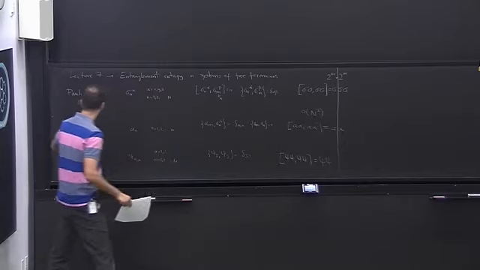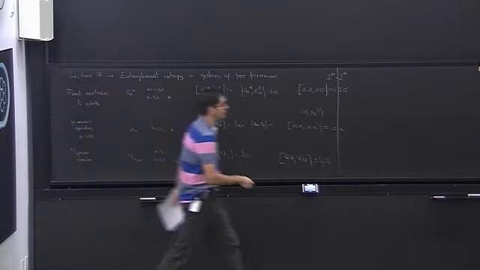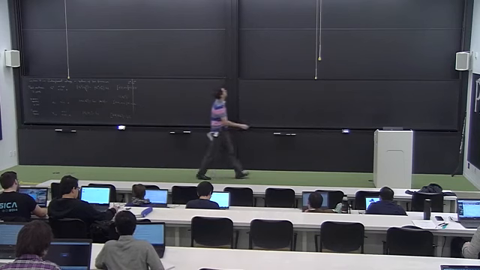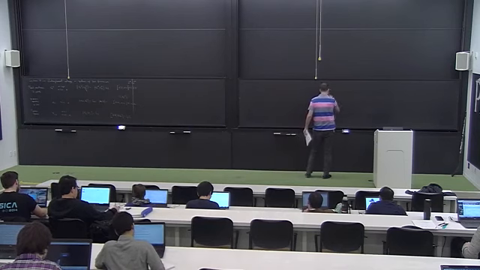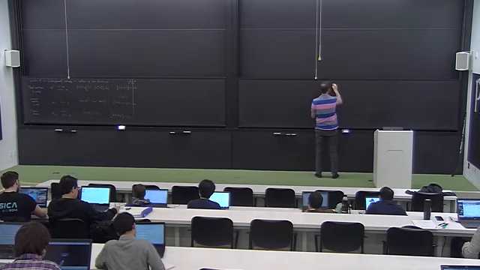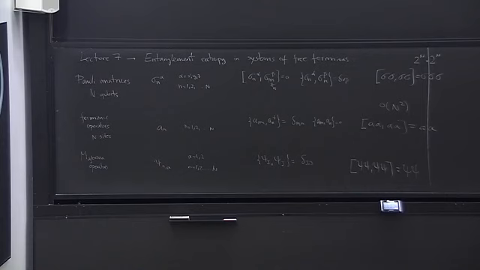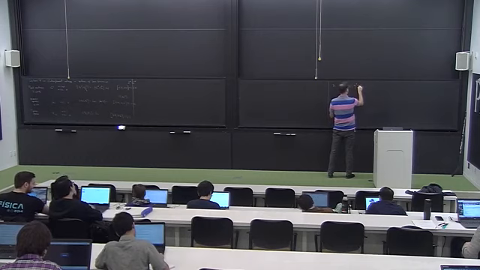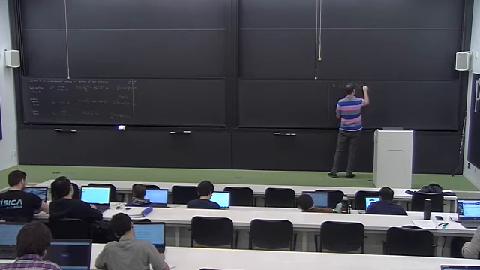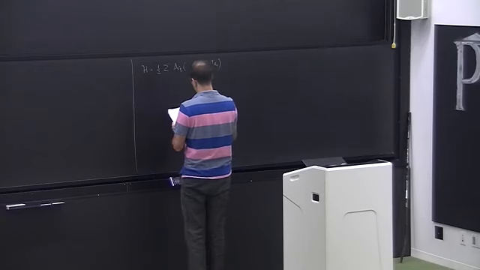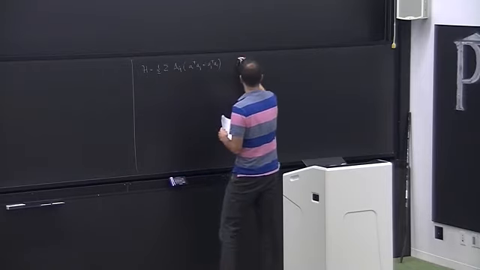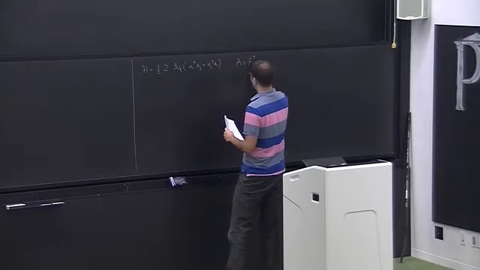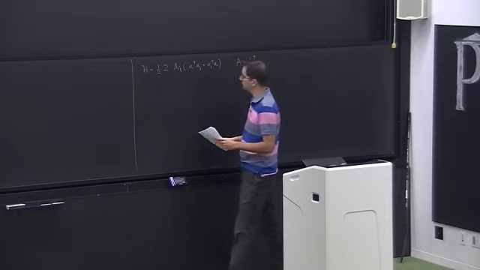So let me focus first on a system with a Hamiltonian which is quadratic. So let's consider a fermionic Hamiltonian given by this expression. Where you can always choose A, this matrix of coefficients here, to be Hermitian.